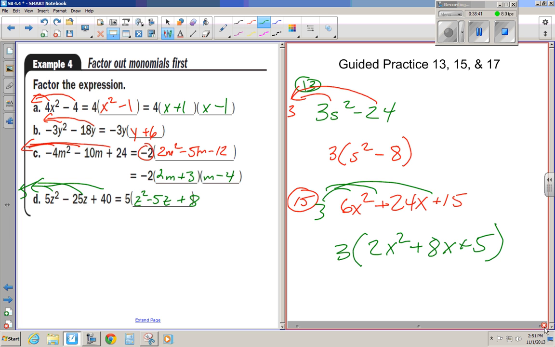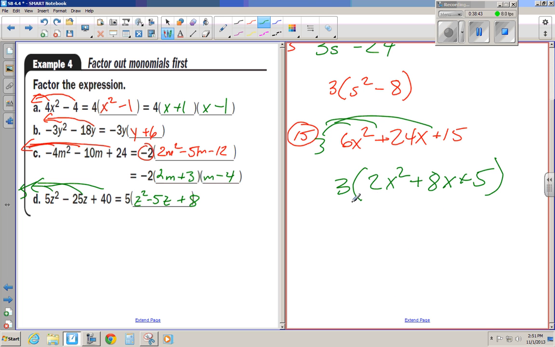Now with this equation, I can set up my parentheses. Put a 2x and a 1x.